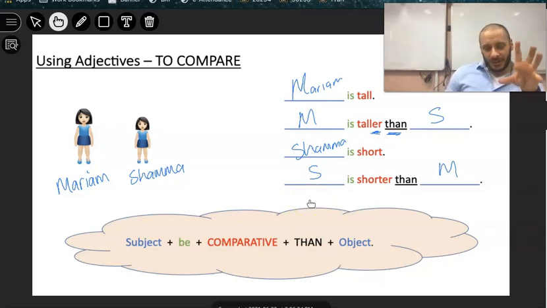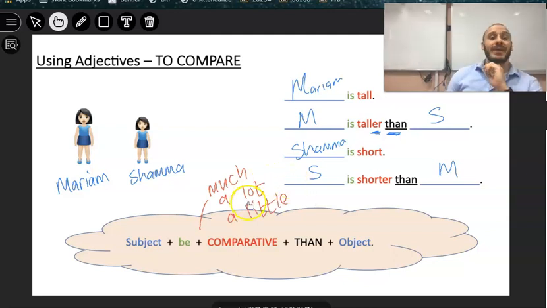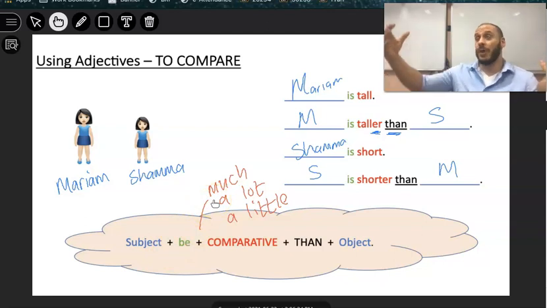The only extra thing I will add for stage 3 is sometimes you might see these words. If I say Mariam is much taller than Shama, much yani wide taller.